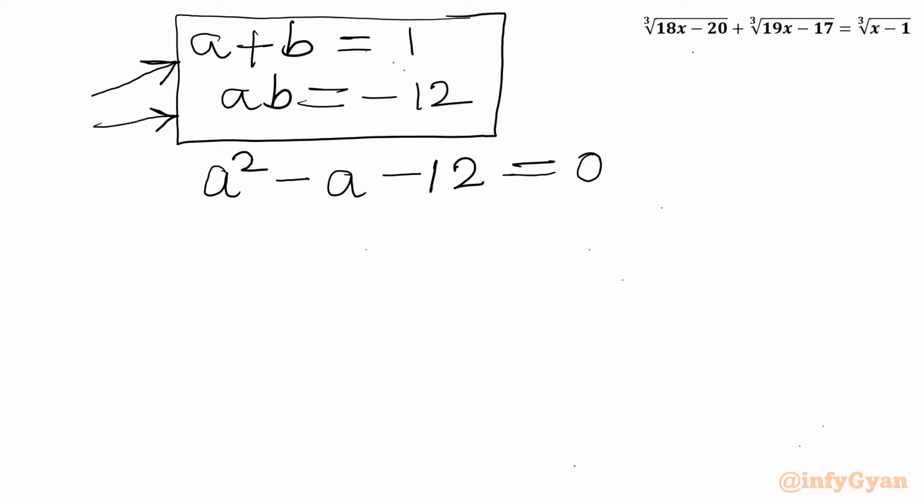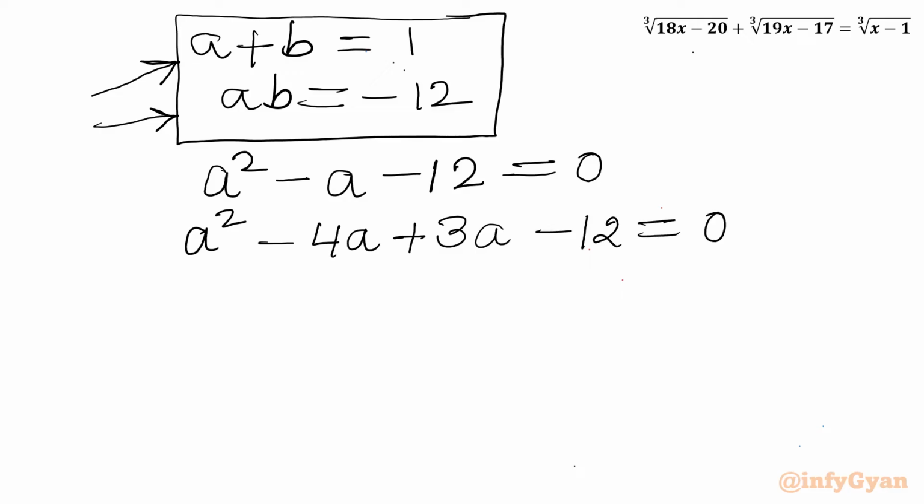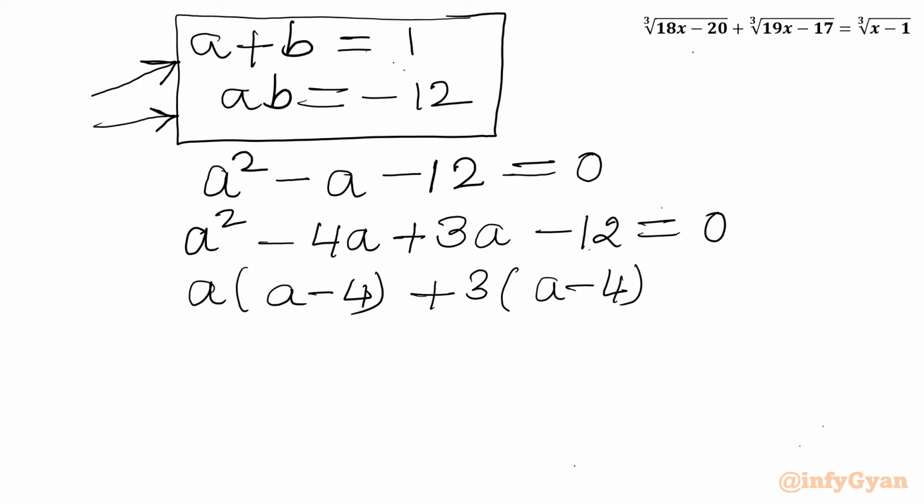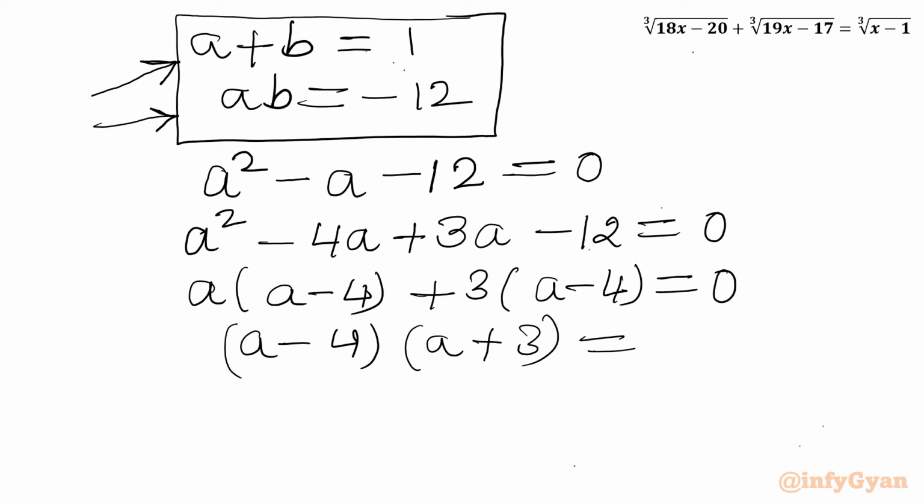Now I will use the factorization method. I can write here a square minus 4a plus 3a minus 12 equal to 0. a is common, so a minus 4 will be in the bracket; 3 is common, a minus 4 will be in the bracket, equal to 0. (a minus 4) times (a plus 3) equal to 0 will be our factors.